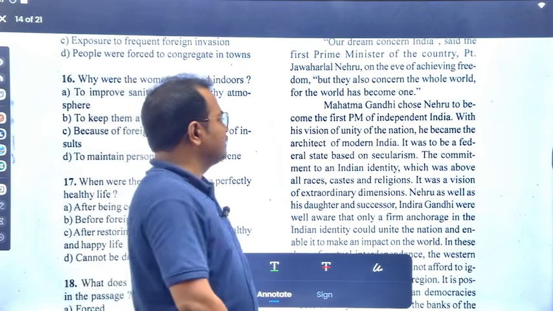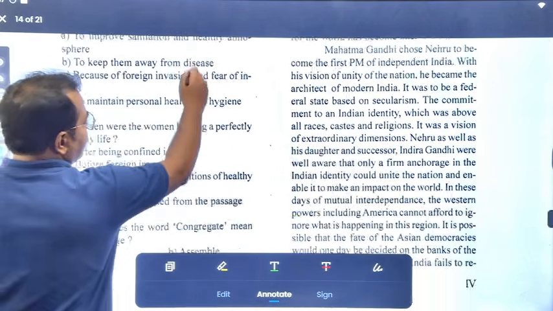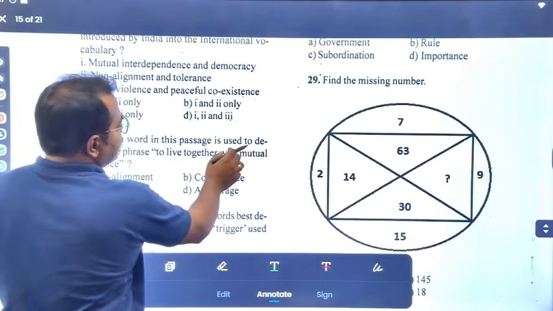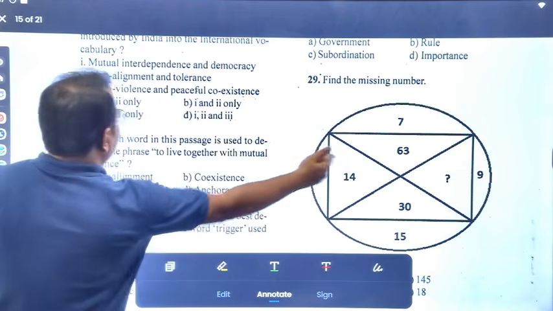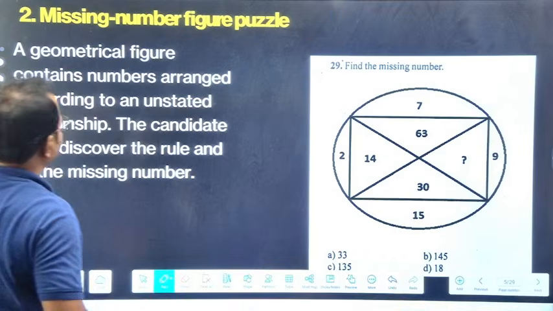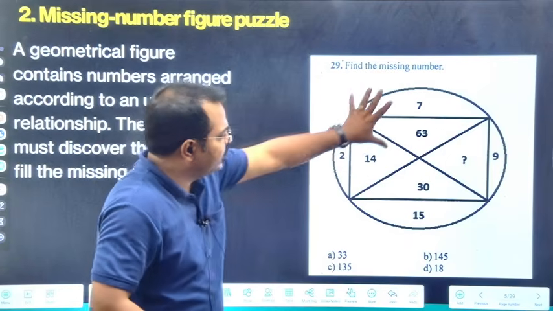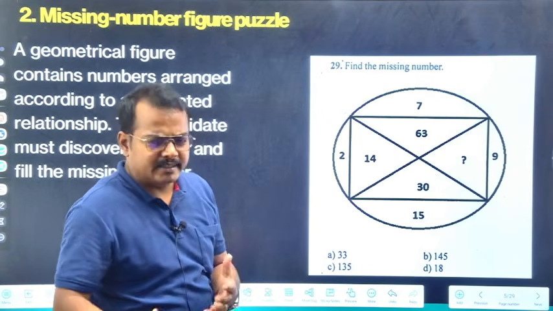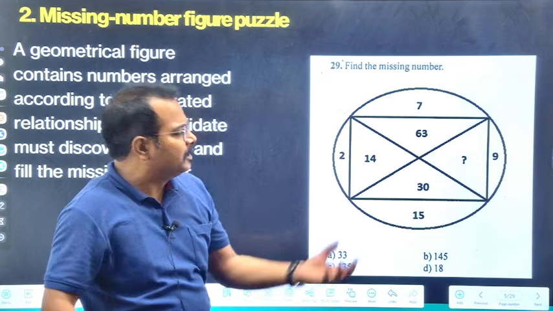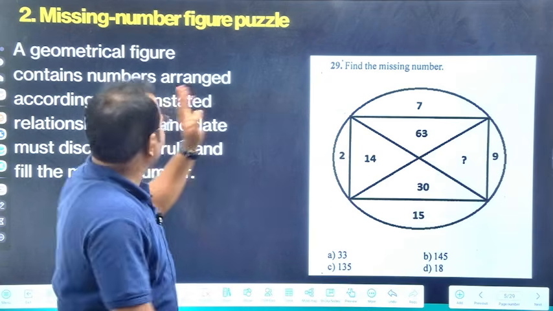Now coming to the second group of questions, which they have asked after this, question number 29. It is a kind of missing number question. Basically they have given a figure. In this year's exam there can be a different kind of figure. This is a unique question and only one question is there.